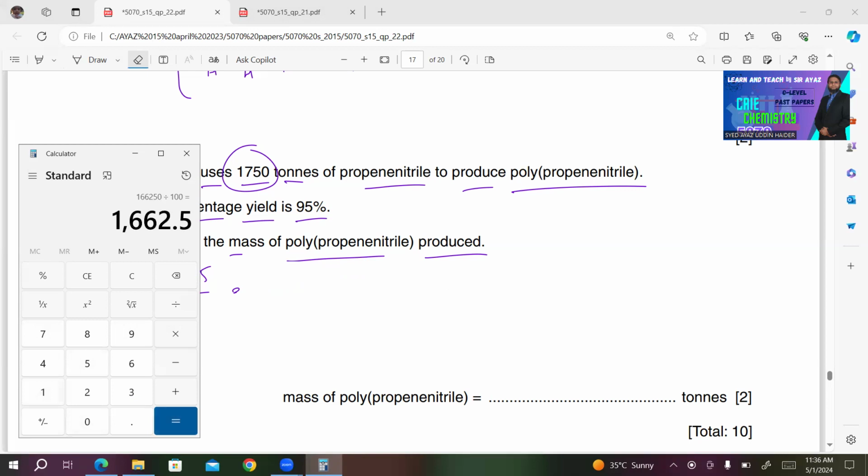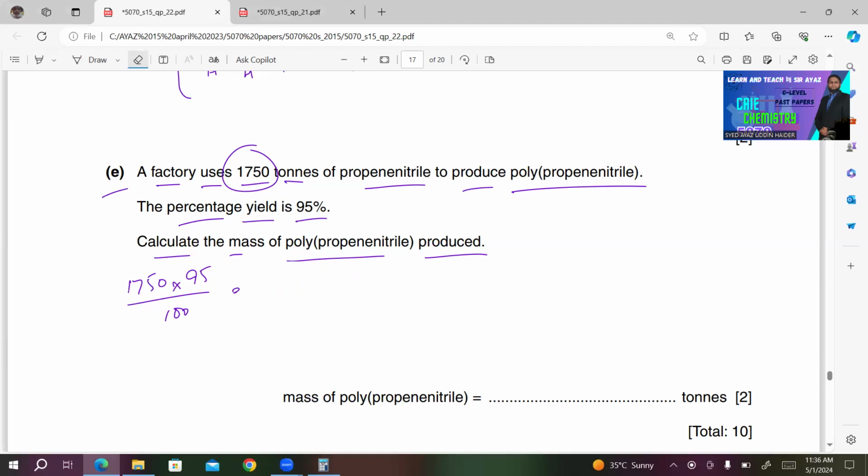Yes, 1662.5. This will be the mass, 1662.5.